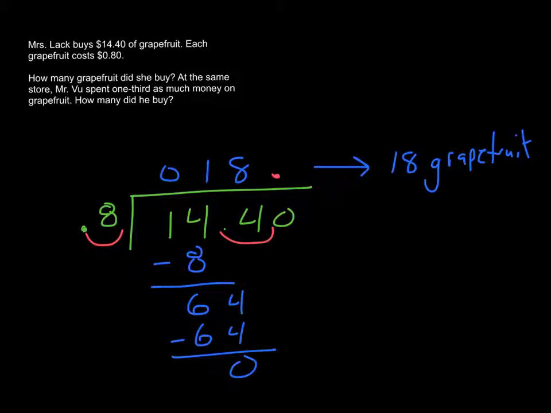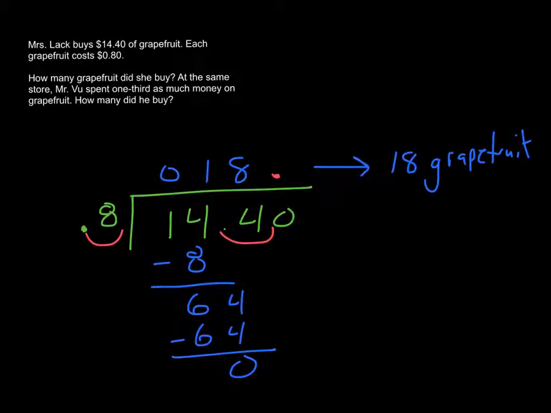Solving this, I'm just taking $14.40 and dividing it by 80 cents. Remember, I need to move my decimal, and I was able to do it just once because I can do 8/10 instead of 80/100. Then I had 144 divided by 8, which gives me 18, showing me that Mrs. Lack bought 18 grapefruit.